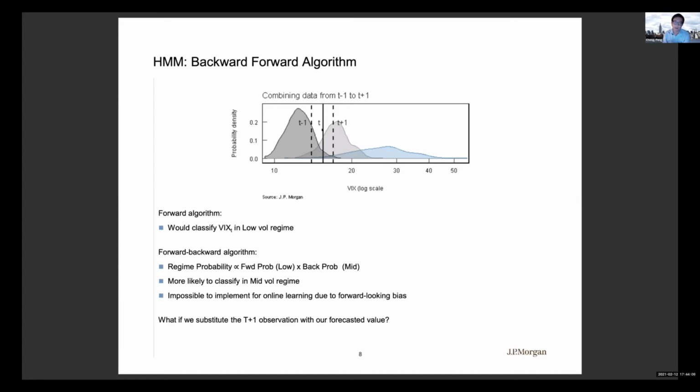So the question is, what happens if we replace the realized value at t+1 with our forecasted value? By substituting our forecast value, we create a pseudo forward-backward algorithm for classifying our value at time t.